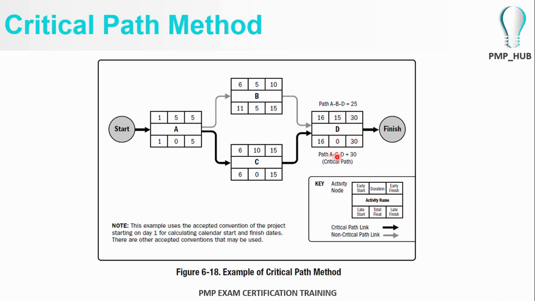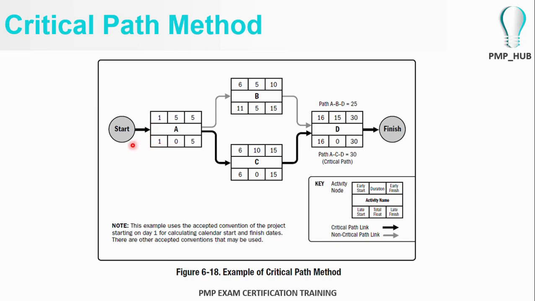So here, the float is 0 because 16 minus 16 is 0. The float is 5 days, because 11 minus 6 is 5. The float is 0 again, 6 minus 6 is 0. And the float here is 0, 1 minus 1 is 0.